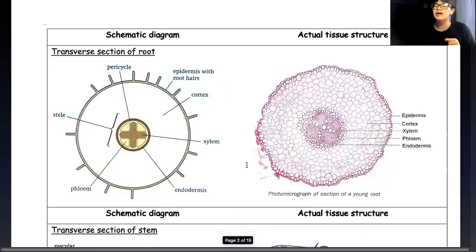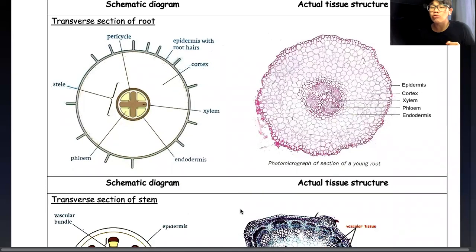Now, apa usul xylem, apa usul phloem? Usul xylem, you already have in your topic 1. If you have trouble, go back to your topic 1, okay? Or you can also check your textbook, page 172, ada xylem sana. Okay, we know about the position of xylem.